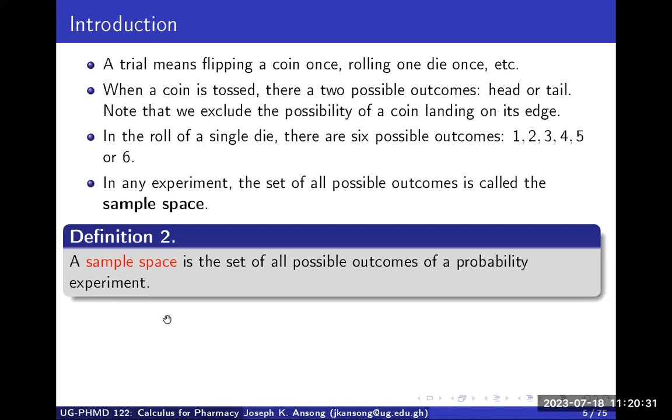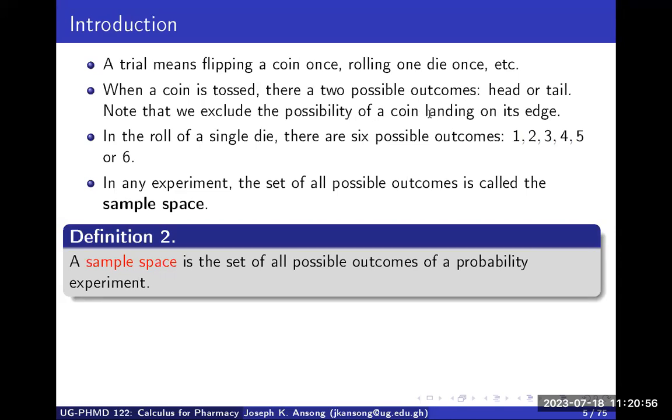And a trial, of course, means these examples: flipping a coin, rolling a die once, and so on. So when a coin is tossed, for example, there are two possible outcomes. You either get a head or a tail. Okay, so we are excluding the fact that it might be possible for the coin to land on its edge.